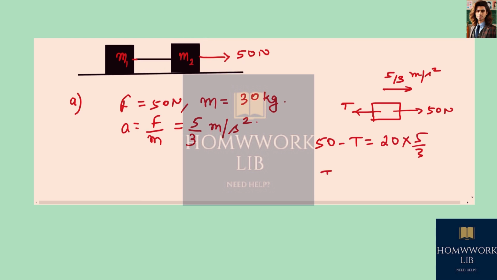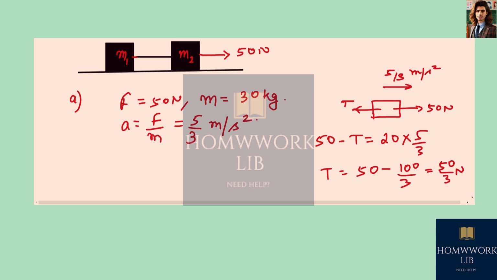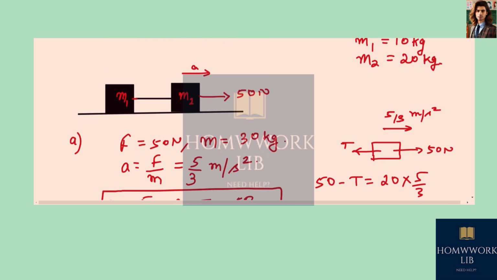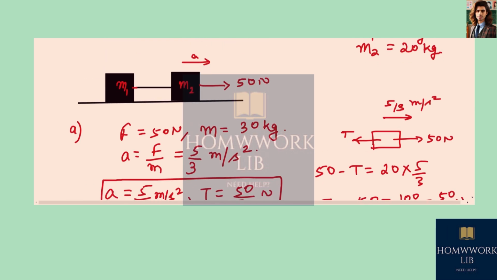So this would give us the value of T as 50 minus 100/3, that will be 50/3 newtons. So yes, we have figured out the acceleration as 5/3 meters per second squared and the tension as 50/3 newtons.